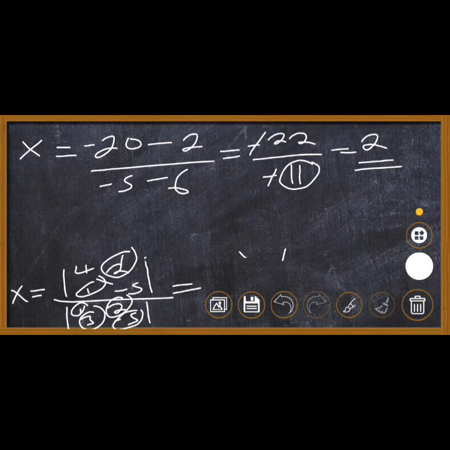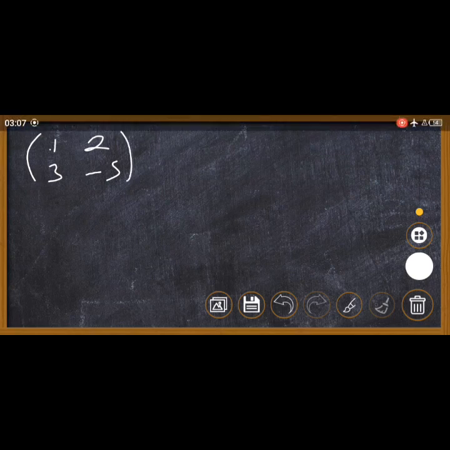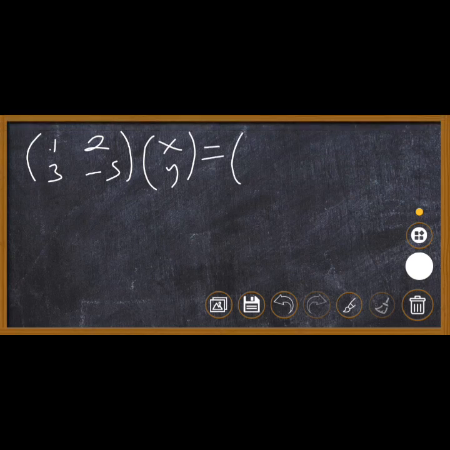So let's also find the value for y. So we had 1, 3, 2, negative 5. And then here we had x, y equal to, here we had 4 and 1. Since we had replaced here for the value of x, this time we are going to replace here with this.